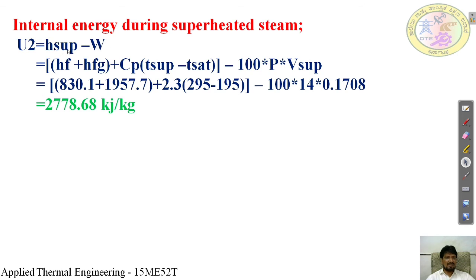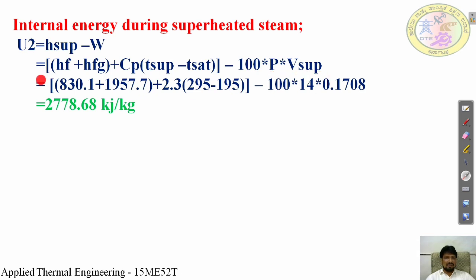H superheated is the enthalpy of superheated steam. So the formula: H of superheated is equal to HF plus HFG plus Cp into T of superheated minus T of saturated. This is the formula for enthalpy of superheated steam, minus the work done during the superheated state, that is 100 P into V of superheated.